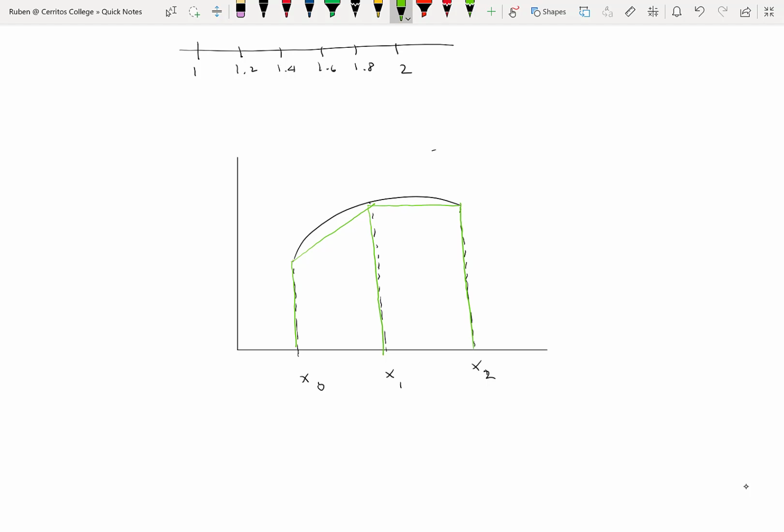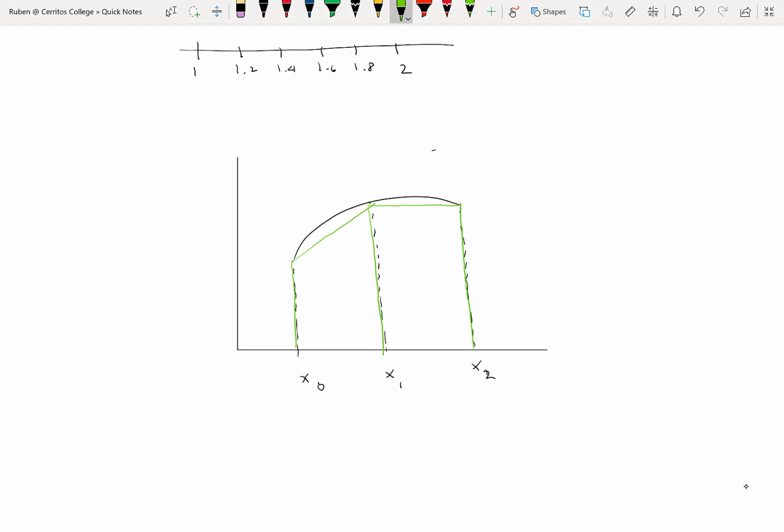And the answer is parabolas. So instead of using line segments to estimate my area, what if I could bend those line segments in the form of parabolas to estimate the area? Now the problem is that we wouldn't be able to fit a parabola within the first subinterval, because a parabola requires 3 points to fit a parabola.